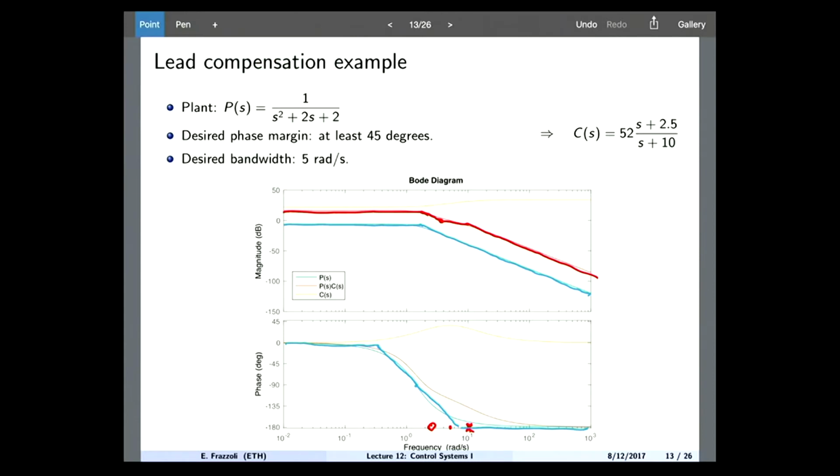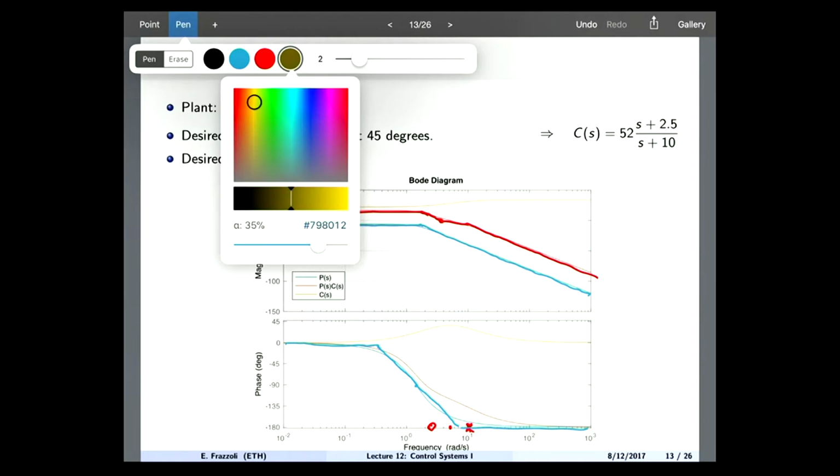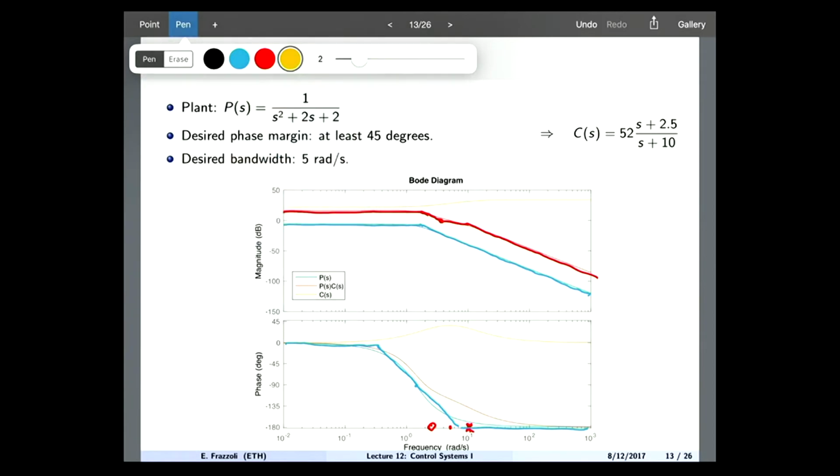Let's draw it in this yellowish color. It essentially starts at 0, and will be 45 when you see the effect of the zero, so it will start increasing like that. But then you will start seeing the effect of the pole.